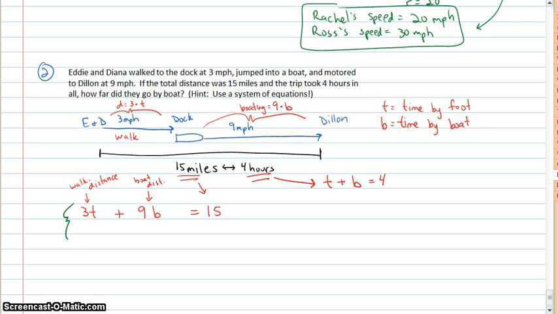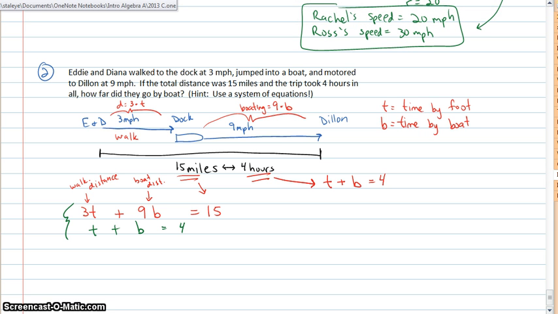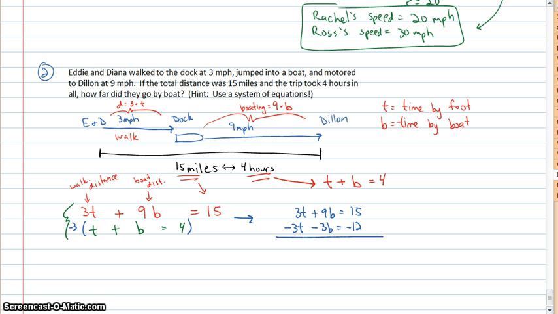Now I have a system of equations. 3t plus 9b equals 15, and t plus b equals 4. Now it's your choice if you want to use substitution, elimination, or graphing. I would choose elimination. So I'm going to multiply by -3. Now my equations say 3t plus 9b equals 15, and -3t minus 3b equals -12.